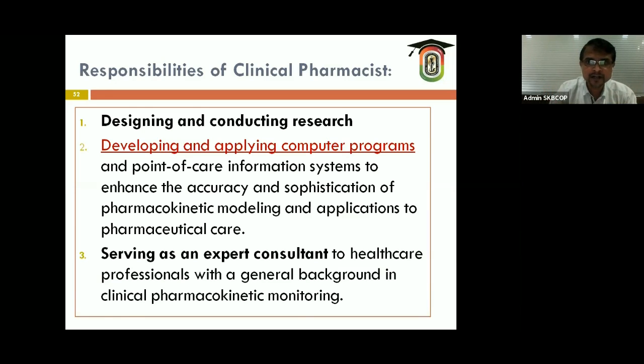If he properly monitors and has a considerable amount of experience, he can be a consultant to healthcare professionals for effective drug therapy. So these are the responsibilities of the clinical pharmacist.